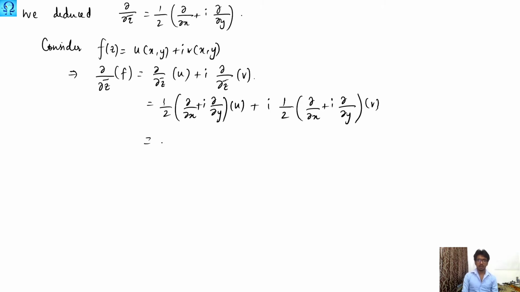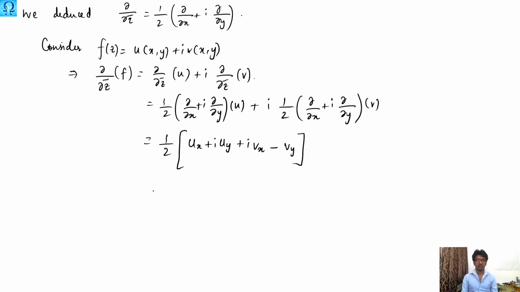In both these terms let us take half outside. So del upon del x of u is simply ux, plus iota times uy, plus iota times vx. Iota multiplied with iota becomes minus vy.